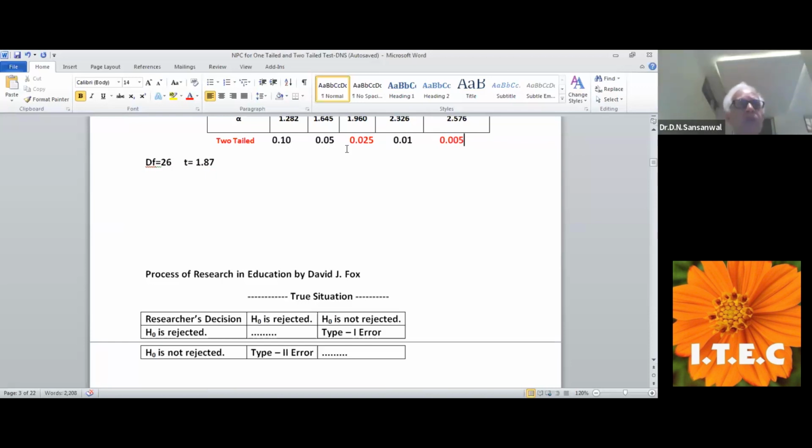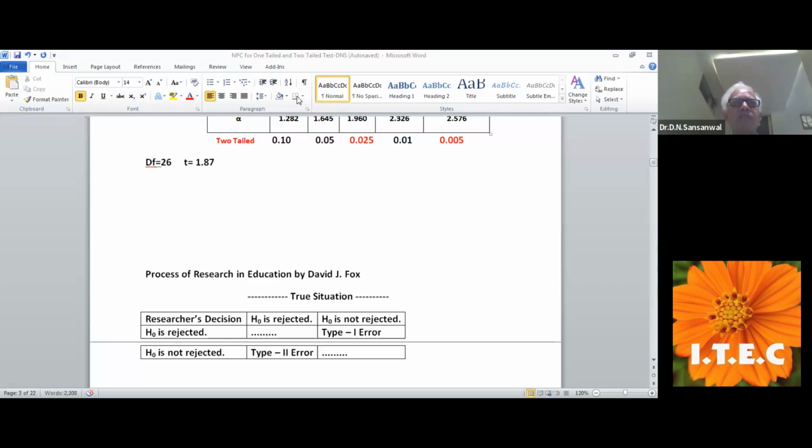Now you can see that the two-tail values are always higher than the one-tail because the error is less. So Jyoti, is it all right? You have to decide your degree of freedom, and the formula for degree of freedom I have already given to you.